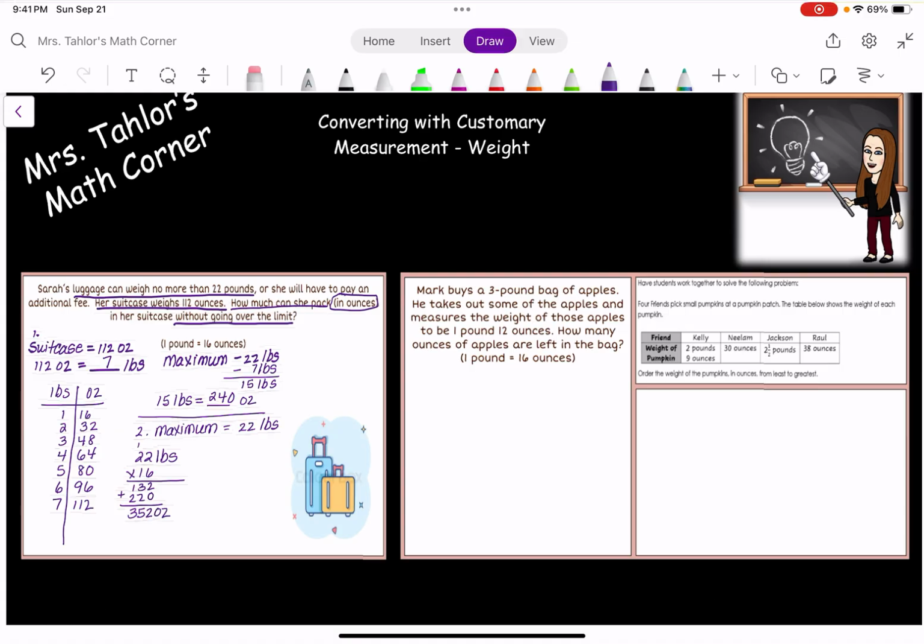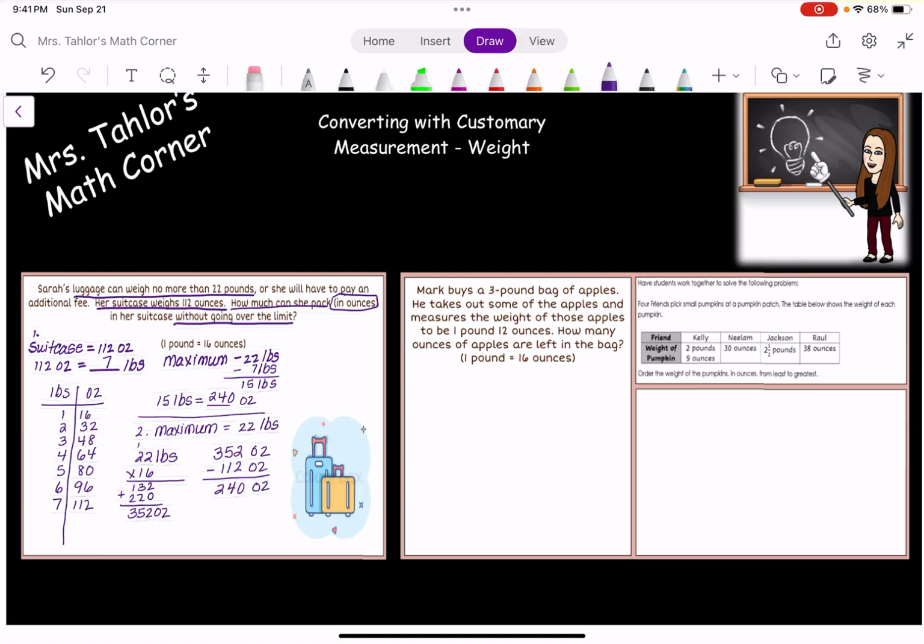So, 22 pounds, the maximum weight, is the same as 352 ounces. So I can take 352 ounces, and I can subtract the weight of Sarah's suitcase, which is 112 ounces, leaving Sarah with 240 ounces of room in her suitcase.